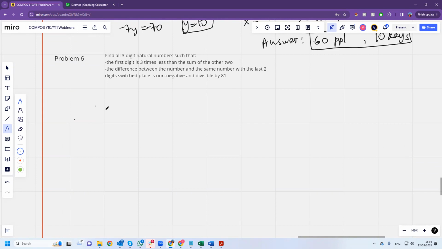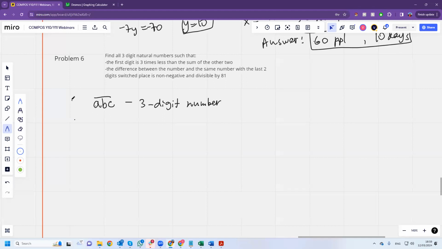3-digit natural numbers. Well, that's interesting because how do you get the numbers? Find all 3-digit natural numbers. So let's say A, B, C is a 3-digit number.